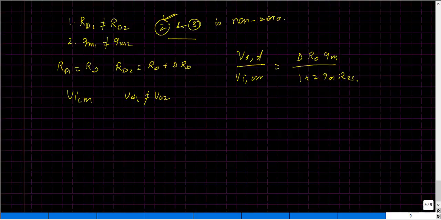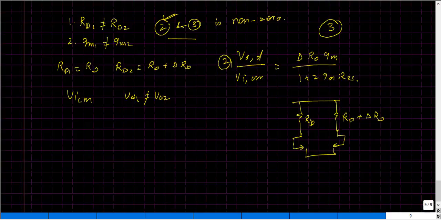I think the explanation would be fine if I try to draw the circuit first and then explain what I'm trying to convey. So this is my second term. I'm just going to show that the third term, VOCM divided by VID, is also going to be non-zero, which is not there in your textbook, but still I thought let me give some intuition behind it.